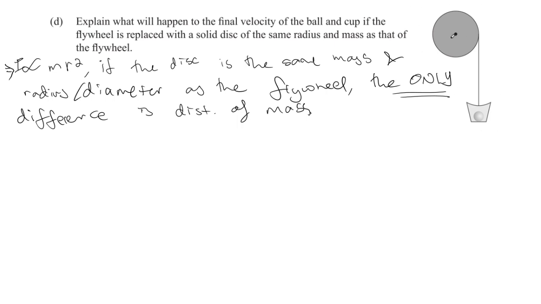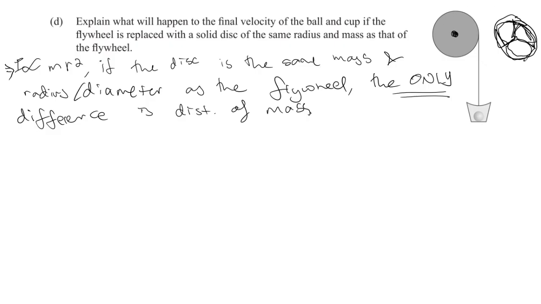Anyway, so distribution of mass. Now, here's the thing. Let's draw a picture of a flywheel next to the picture of this. That's a really ugly flywheel. That doesn't even look like a flywheel. Okay. See how all the mass of the flywheel is concentrated around, well, this circle here is called the axis of rotation, I'm pretty sure.